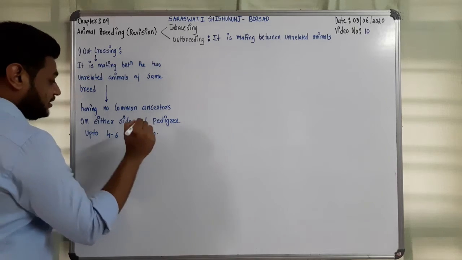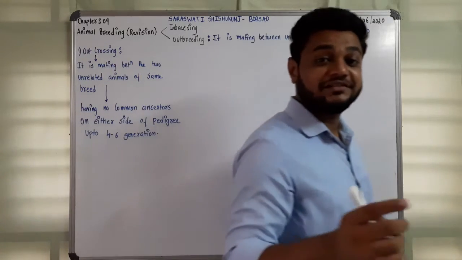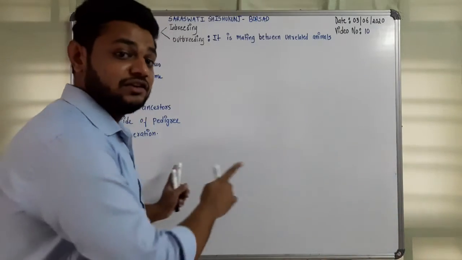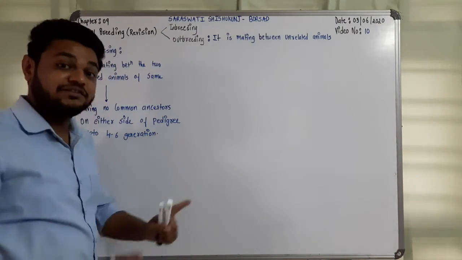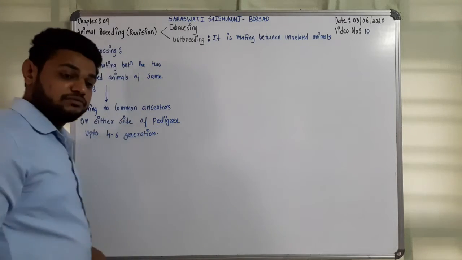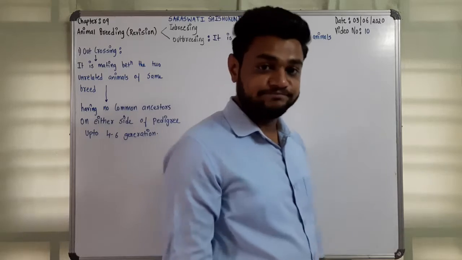Students, you have to remember, in the previous topic 4 to 6 generations was the limit up to which you can do inbreeding. In this case we are talking about the ancestors, meaning relation. This is the difference.